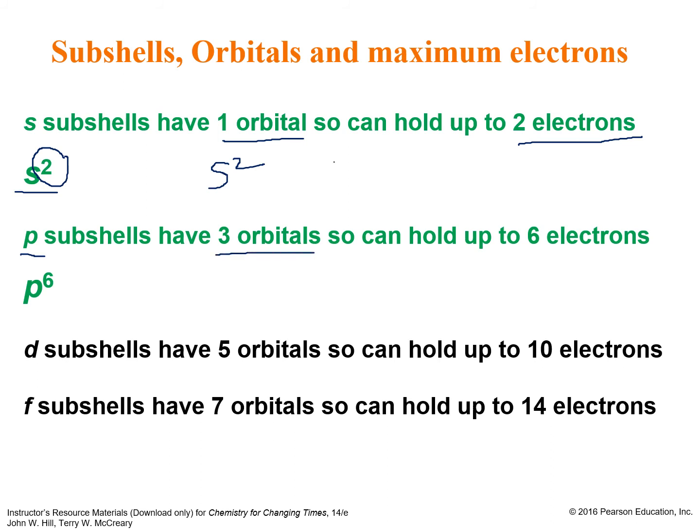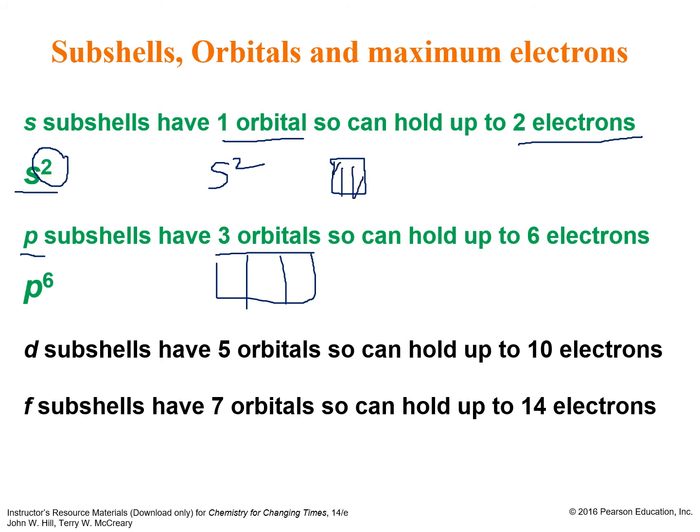Orbitals are usually shown like a box here. So s will have only 1 orbital, p can have 3, as we just saw, px, py, and pz, and then each orbital or each square can hold a maximum of 2 electrons.